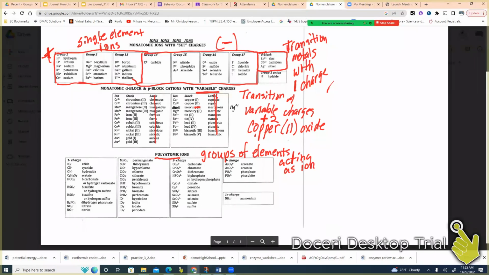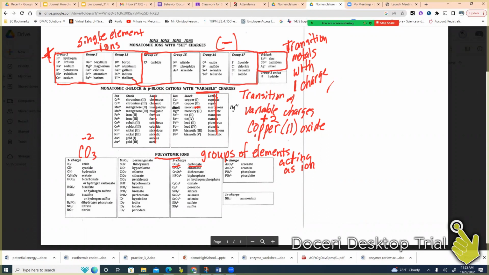So instead of just one element, we're going to have a group of them, and altogether they're going to form an ion. So if we look at carbonate, carbonate is CO3. So anytime I need to write carbonate, I need to write that whole thing. And then in this case, carbonate, that whole group has a -2 charge.